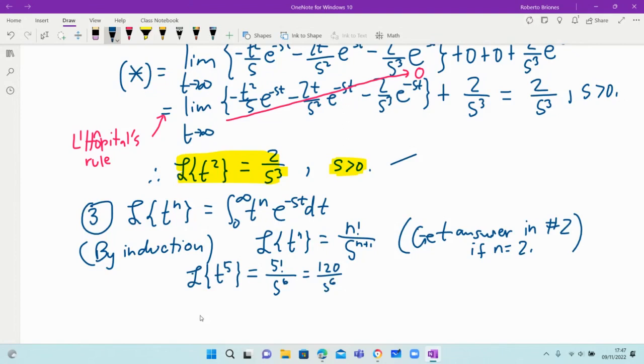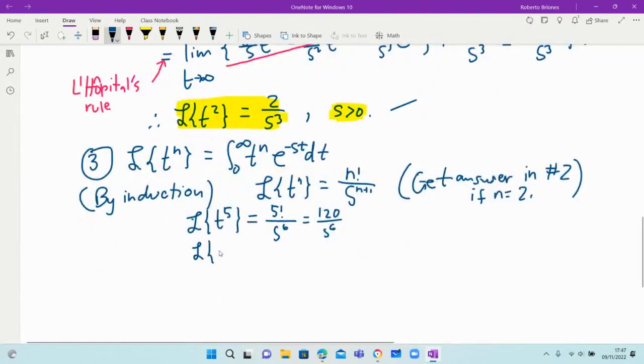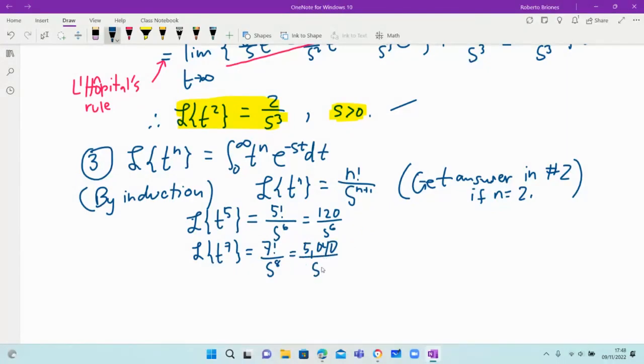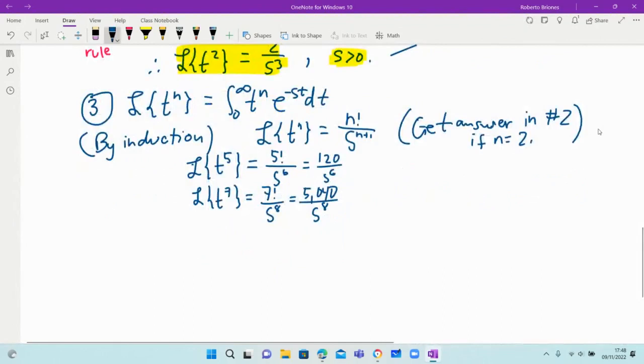And if you want to consider the Laplace transform of t to the seventh, for example, then you will have 7 factorial over s to the eighth, which is equal to 5040 all over s to the eighth. All right. So this is the Laplace transform of the polynomial term t to the n.